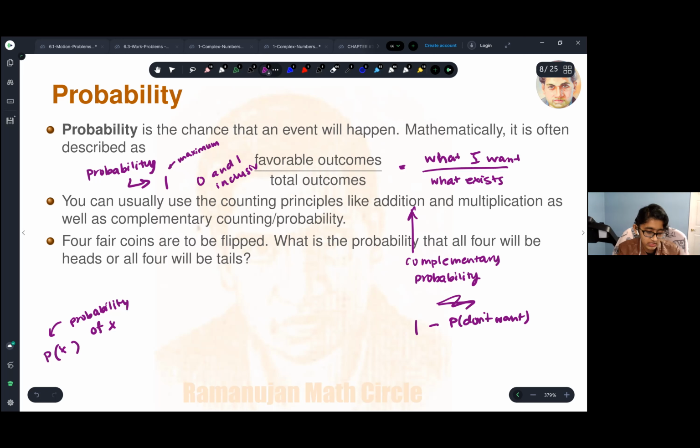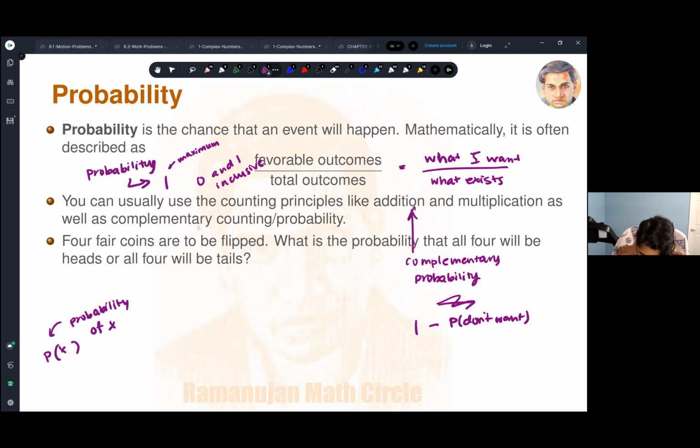And the sum of the probabilities of a certain event occurring is always, so what I want plus what I don't want, divided by what exists, should be equal to 1.